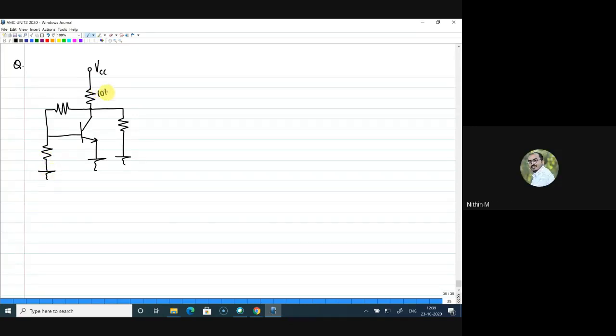So this is 10K, this is 300K, this is 127K, this is 70K, that's all. And this beta is equal to 20. Also given that the transistor is silicon.